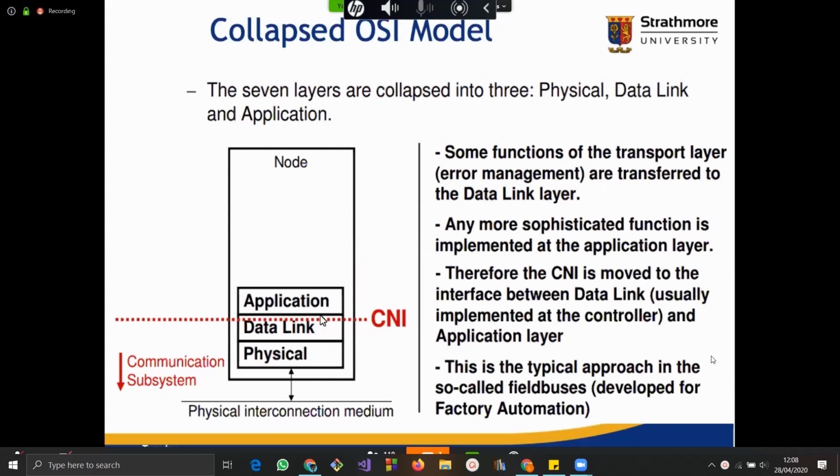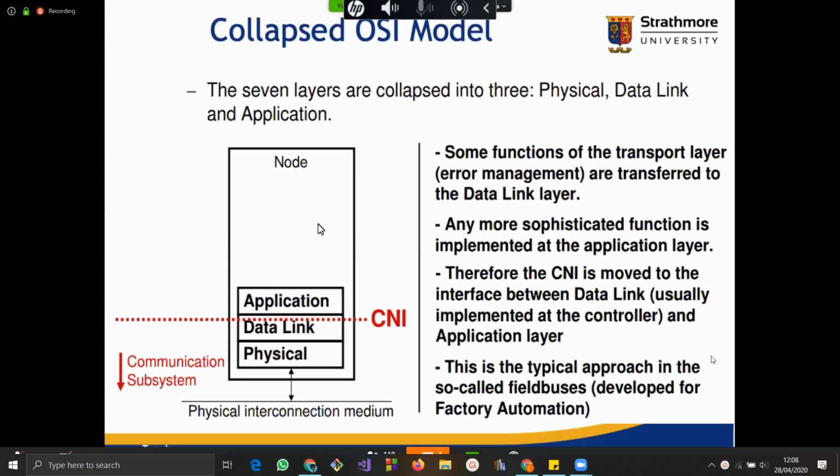If we don't want this node to send a message while another node is transmitting, because maybe they clash, this is where we'll put our intelligence, collision detection. That information will be in the data link layer. Then we have the application layer, where anything that requires more processing will be.